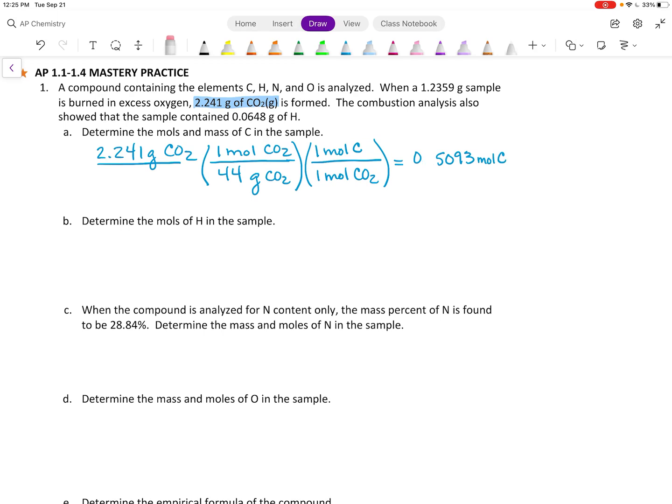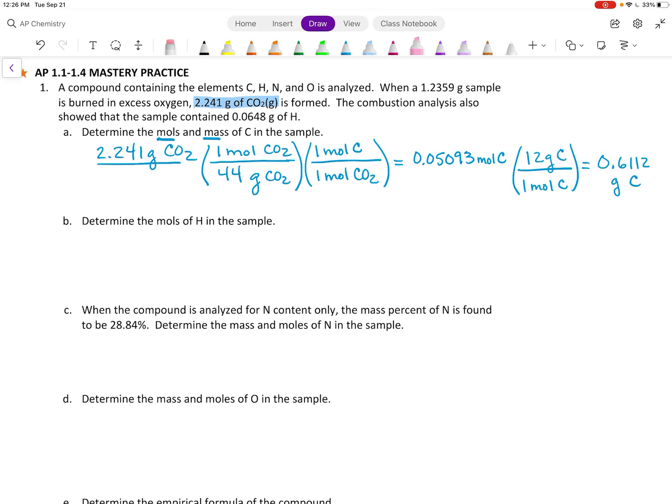And then I'm going to go ahead and do that second step. So then to find grams, for every 1 mole of carbon, of course, there's 12 grams of carbon. Okay. And we find that that is 0.6112 grams of carbon. So we just took care of both moles and mass of carbon.